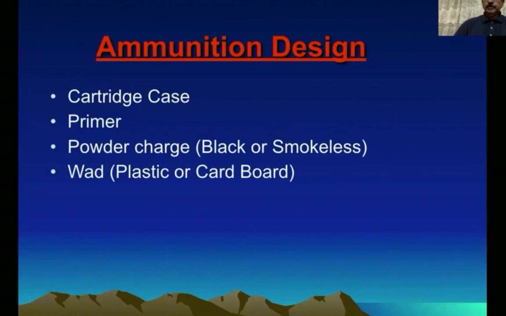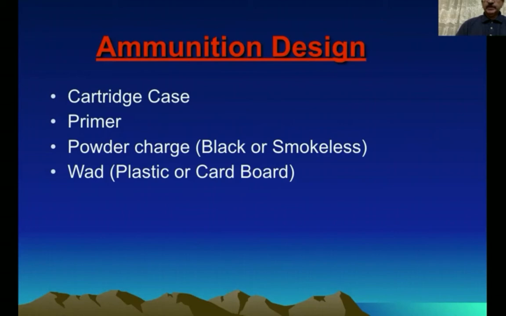Then in smoothbore weapons, there is also a very characteristic and special thing which is known as wad. It may be of plastic type or cardboard type, and it is a disc shape placed behind the pellets and in front of the pellets.